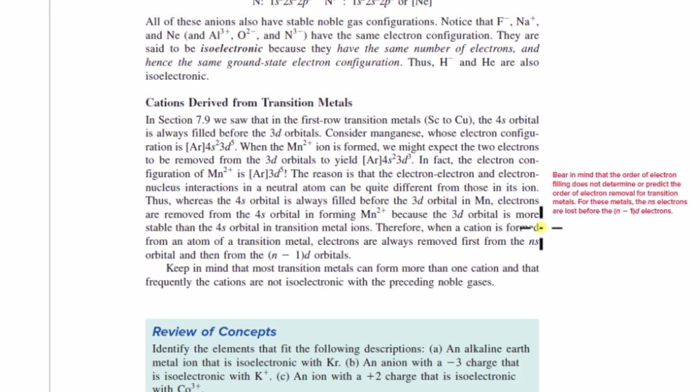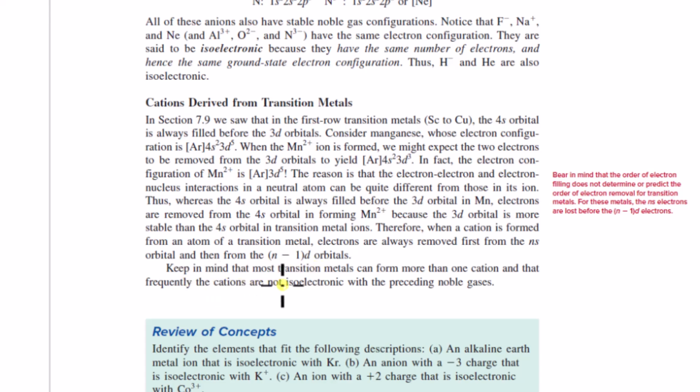But no, when it comes to the transition metals, you're going to start by removing the electrons from that higher principal quantum number s orbital. That's a general rule. You can imagine there are nuances here and there, exceptions, but that's the general rule. When creating these cations from the transition metals, you start by removing electrons from that higher principal quantum number s orbital, and then from the one step lower principal quantum number d orbital.